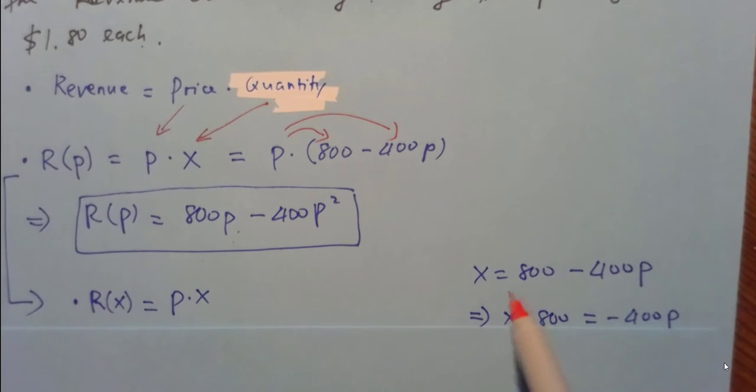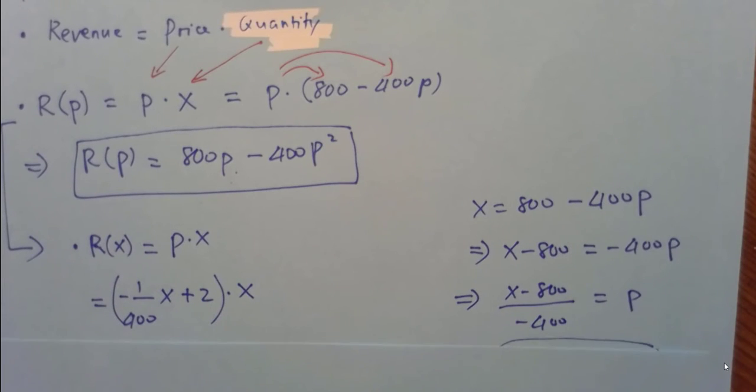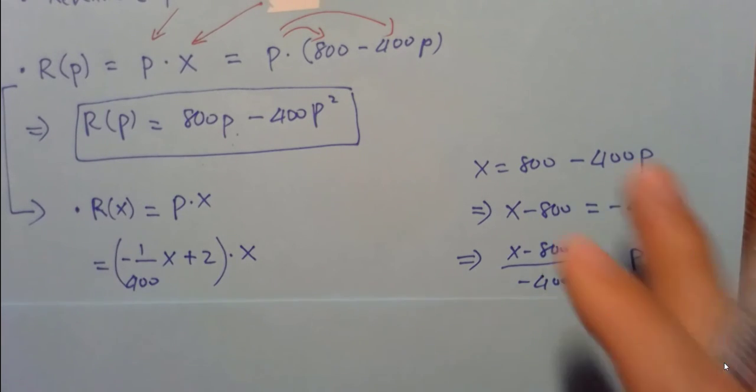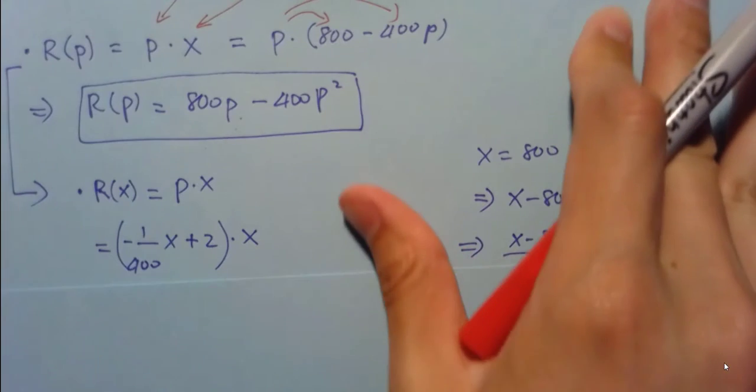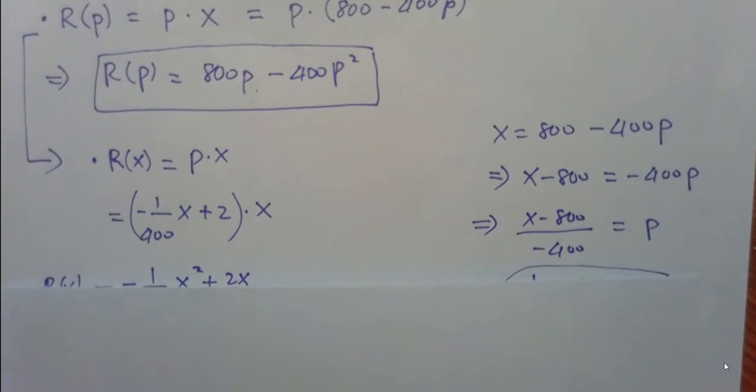Okay? So I go ahead, I subtract 800 on both sides. Subtract that 800, go to the right side, the left side X minus 800, the right hand side minus 400P. Now to solve for P, divide both sides by minus 400. Okay, and then simplify that.